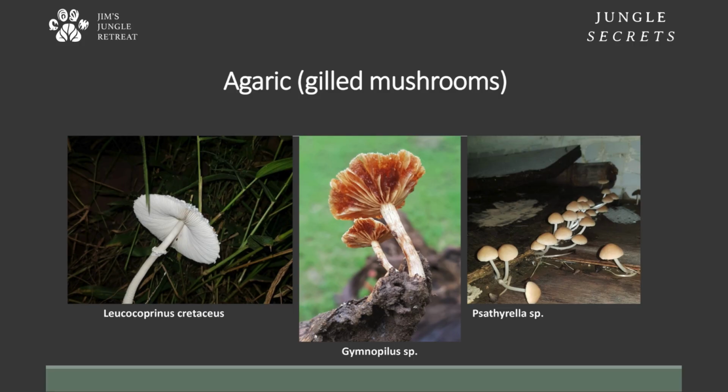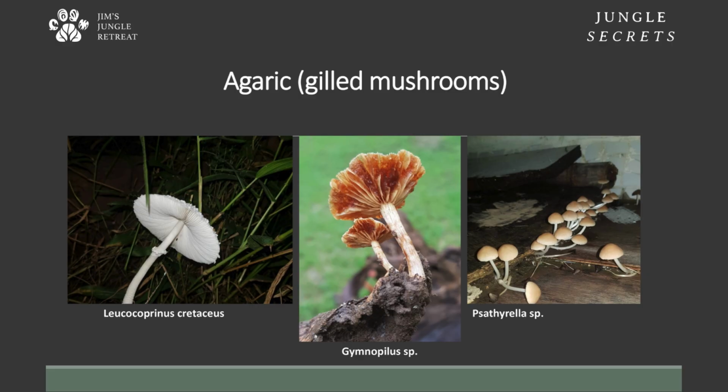When I talk about human beings, we are called Homo sapiens. Homo is the genus and sapiens is the species. Similarly, mushrooms have a genus and they have a species. Sometimes in the wild you may not know what the species is, so you can stick to the genus and then research a little bit more.